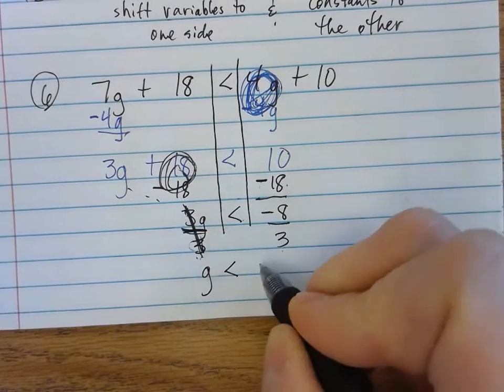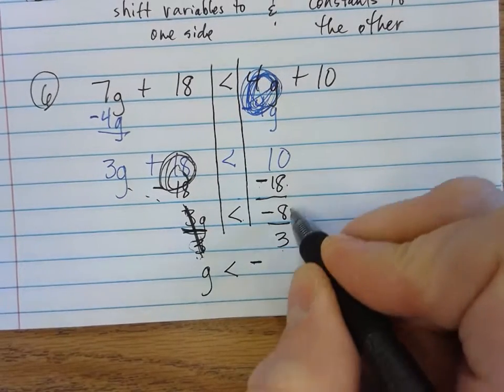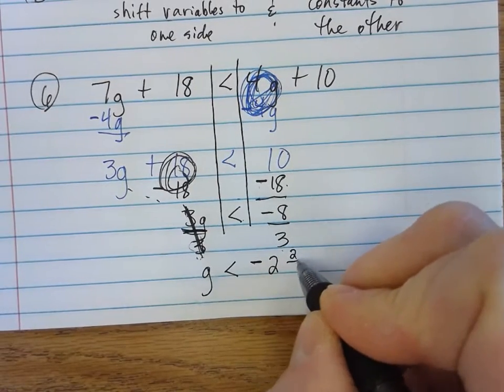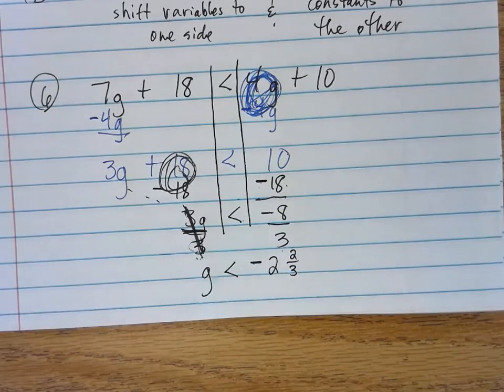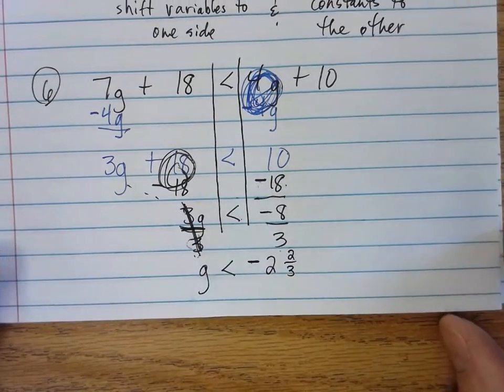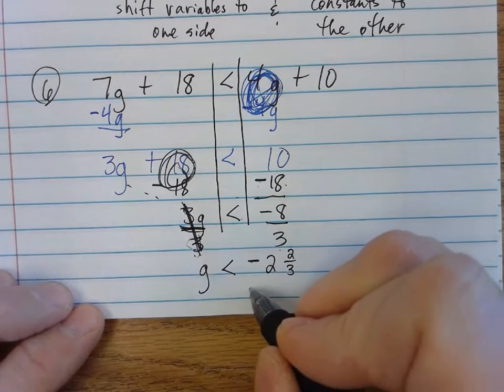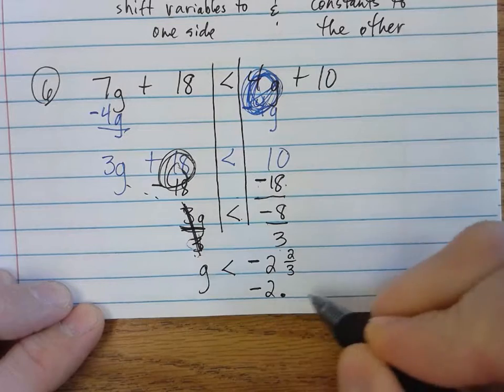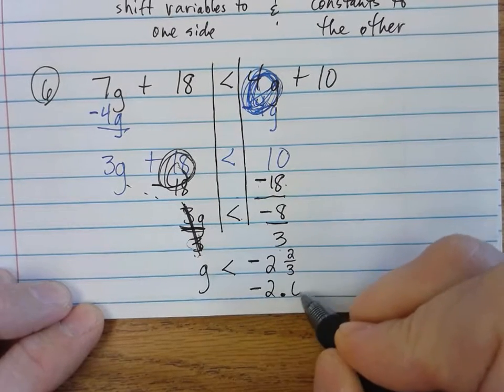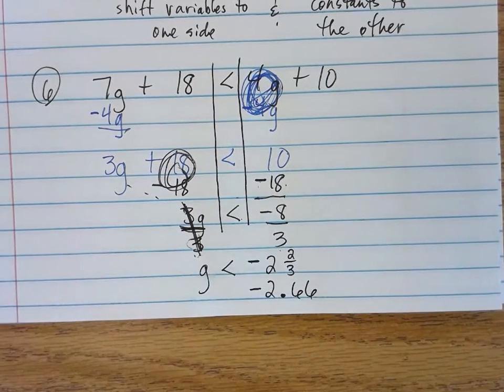So it's G is less than negative, let's see, that goes in there twice, 2 2/3. So G is less than negative 2 2/3. All right, so you put something in there like that. If you change it to a decimal, of course, that would be negative 2.66 or something like that if you went to the hundredths place.